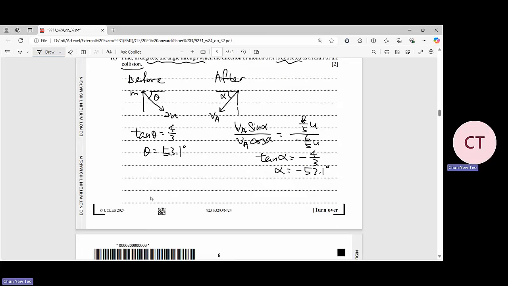So the meaning here is that the direction of A is supposed to be going like this, but after the collision, it will rebound 53.1 degrees. At the beginning, it's going 53.1 degrees. So without collision, A is supposed to go like this, but after collision, A rebounds.